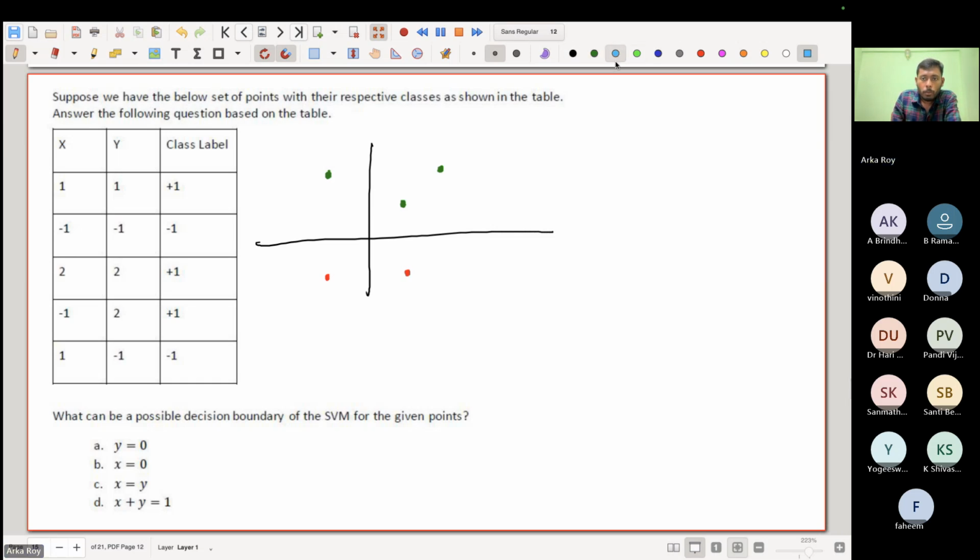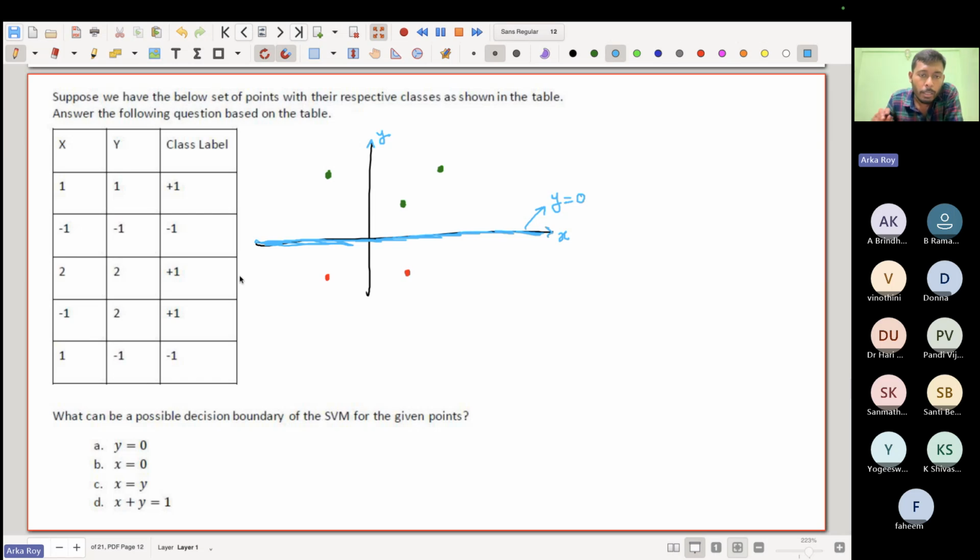So the last of the two options that we are left with is y equals to 0. This is x, this is y. So this particular line is the option A. So this is what y equal to 0 looks like.